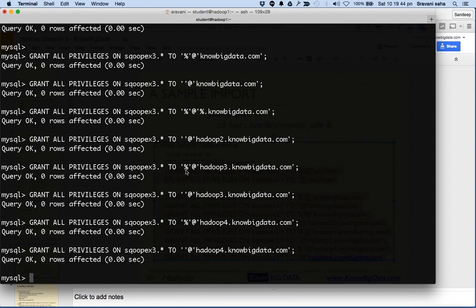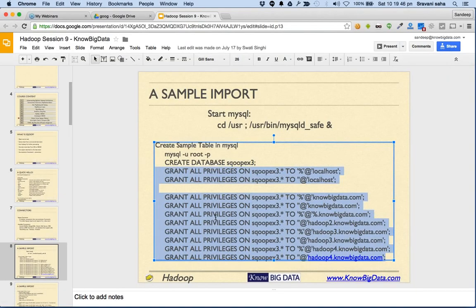Now if you are running in a virtual machine, then you will notice that these things will work fine. Even if you don't give the privilege, everything will work fine, because the connectivity happens from local node to local node, and that is by default allowed in MySQL. If you take the same script and try to do it over the network, it will fail badly, and you will be wondering that the same script was running fine in local mode, so what happened to my network mode.